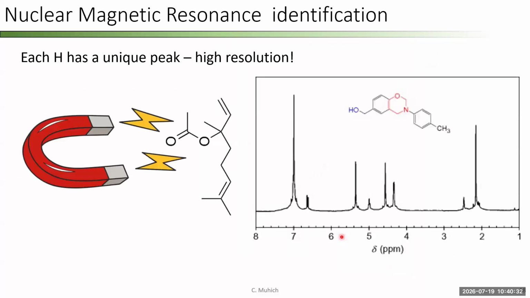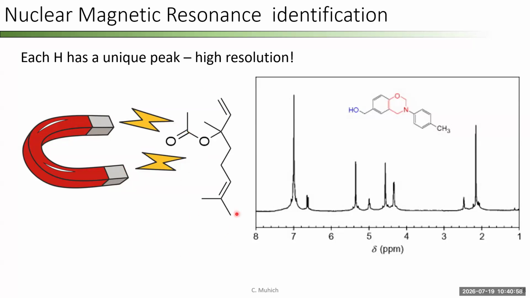Next, I want to briefly talk about nuclear magnetic resonance. This is used for identification. The idea is when I put a molecule under extreme magnets, their behavior changes how light moves through. Light and magnets move through this molecule.